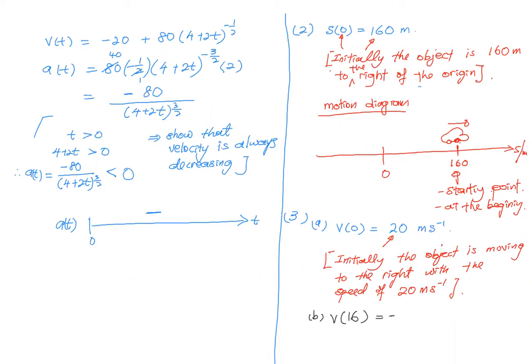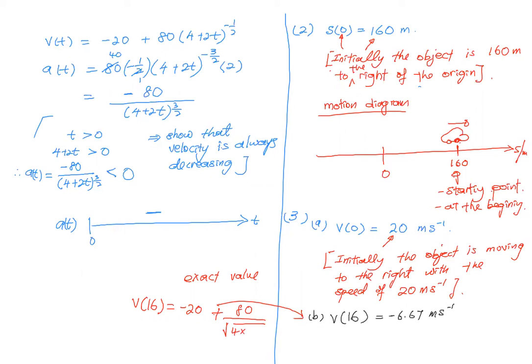Now my question is, if the question asks for the exact value, then you have no choice but to substitute it manually. Are you clear? That is something you have to bear in mind.